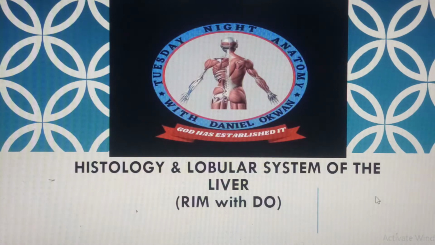But we also look at the other classifications regarding how the bile is drained, as well as the relative blood supply to the various hepatocytes, relative to what we call the portal area. So without much ado, let's set the ball rolling, looking at the liver histology briefly, as well as the lobular system of the liver.